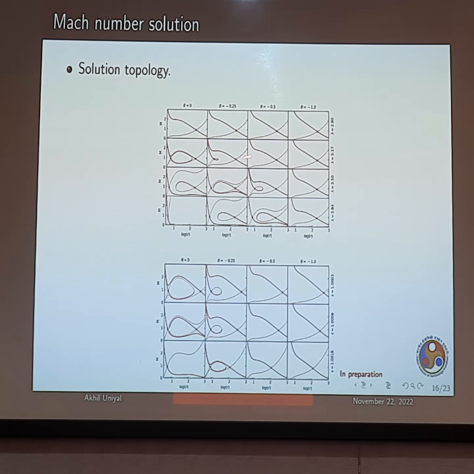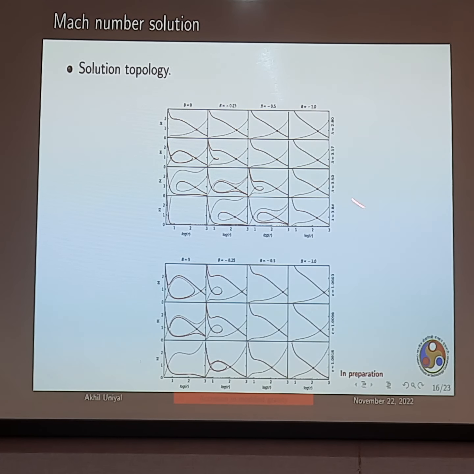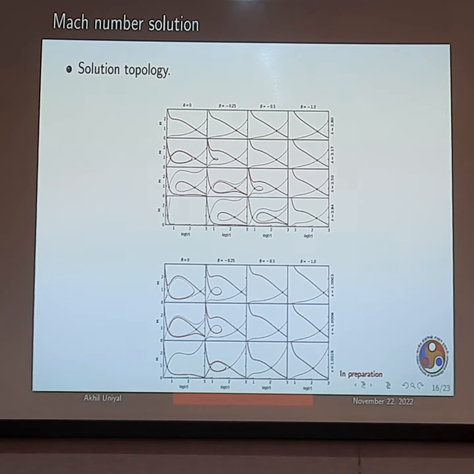If you increase the angular momentum, multiple critical points convert to a single critical point. Sometimes the outer one connects to the horizon, and then the topology changes again toward the center. These changes happen because of the modified gravity. Okay, thank you. Is there any more question?